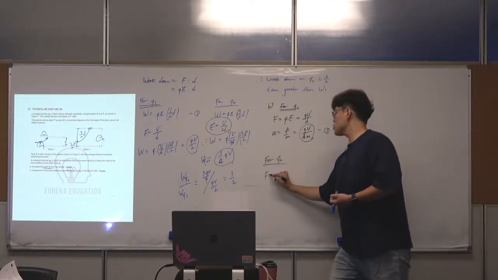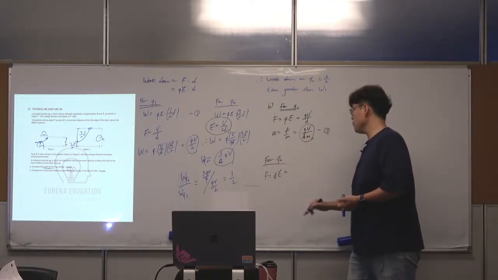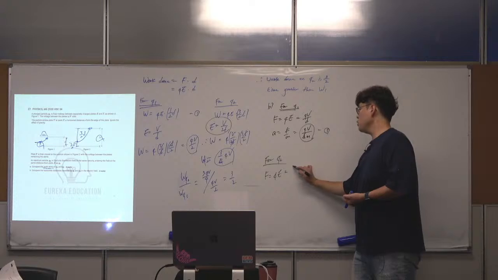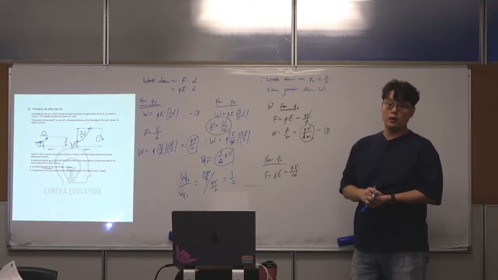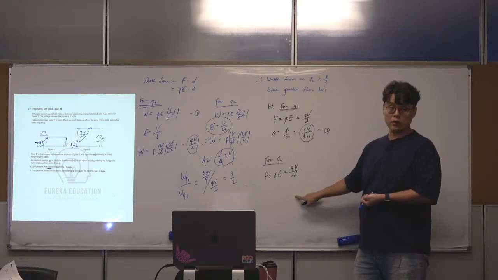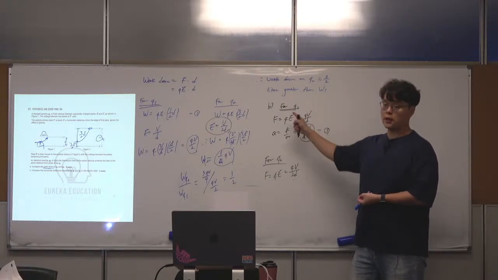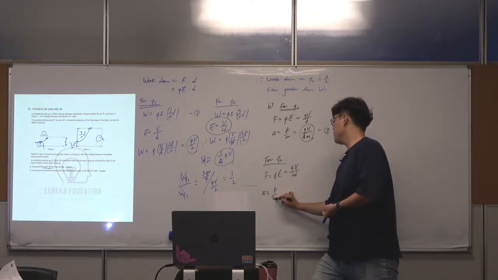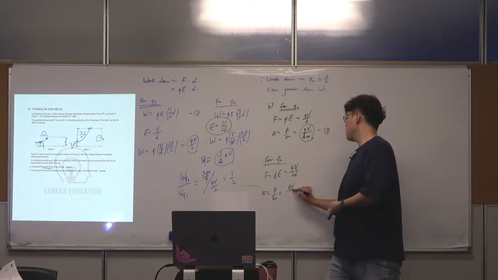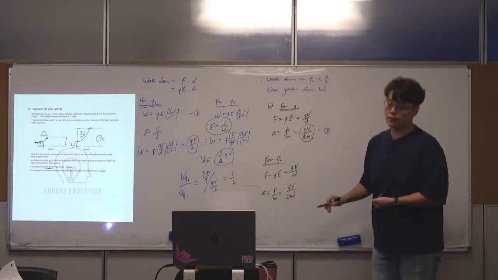The F equals QE again, which is the same, but this time it'll be Q V on 2D. You get it, like where I get the 2D from? I'm talking about the separate situation here. Then acceleration is again F on M. That's the same as QV on 2MD. That's equation 2.